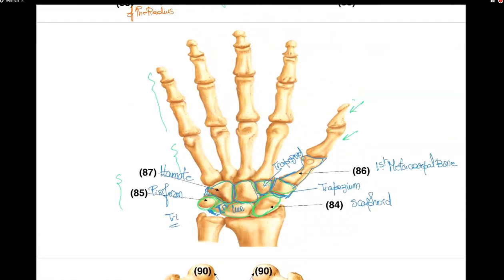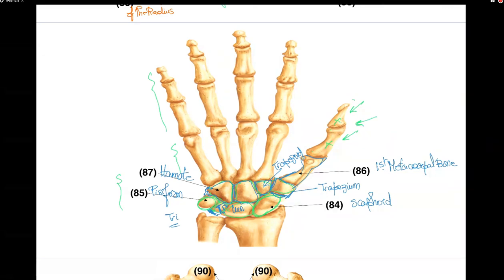What is the most common wrong answer here for the first metacarpal bone? People identify this as a proximal phalanx. Why is it not the proximal phalanx, with this one the middle phalanx and this one the distal phalanx? Because what I am missing here is the middle phalanx.